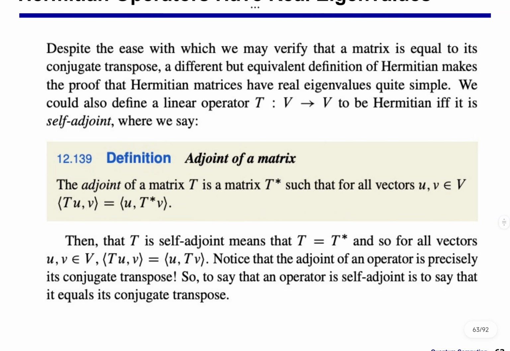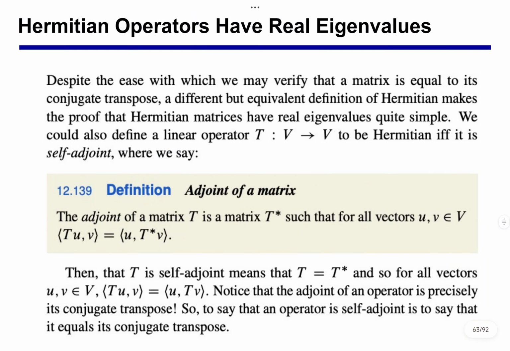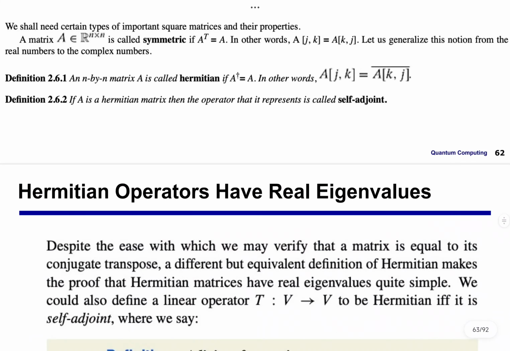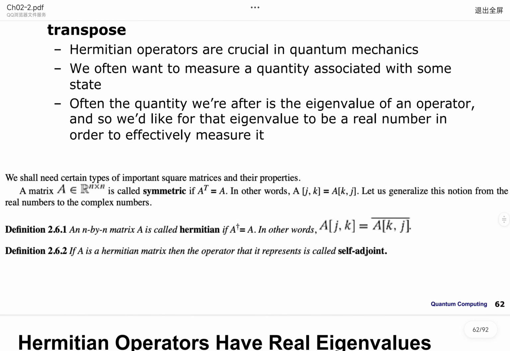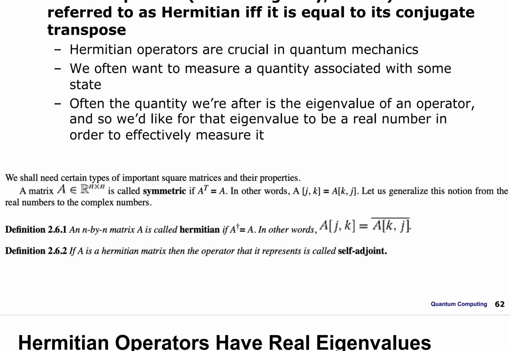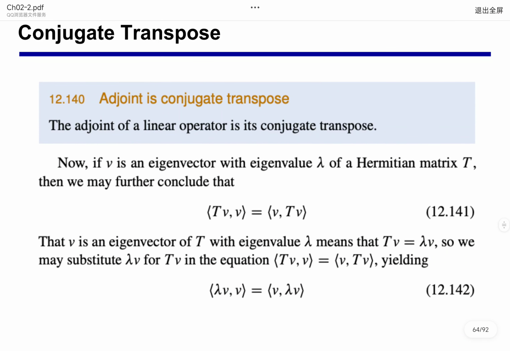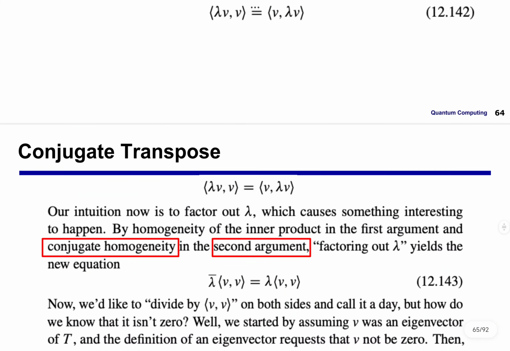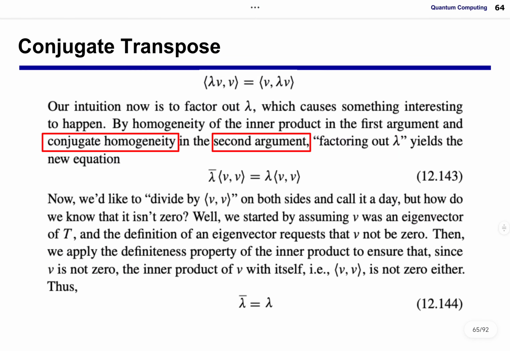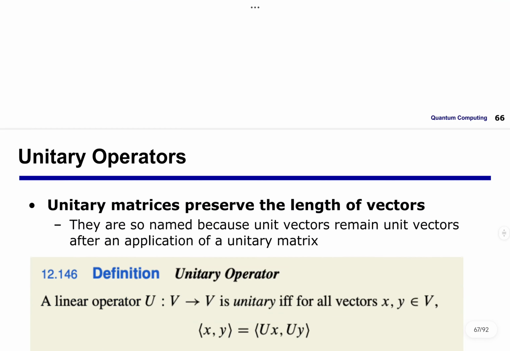Join into the matrix. Into a Hermitian, self-adjoint, conjugate transpose, unitary.